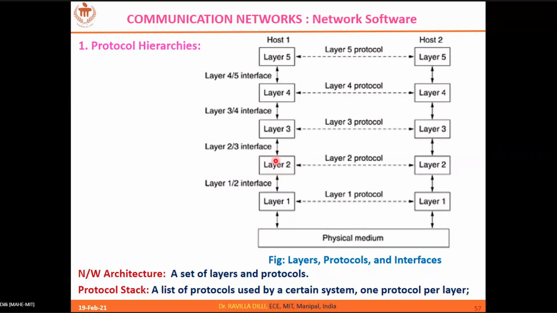The functions that are implemented at a particular layer will be offered as services to its higher layer. In the menu card you can see the different items, right? So you will come to know what different items are present. Those are called services.